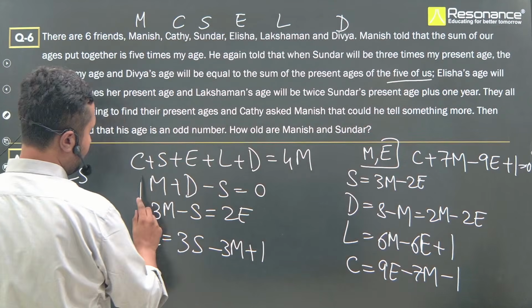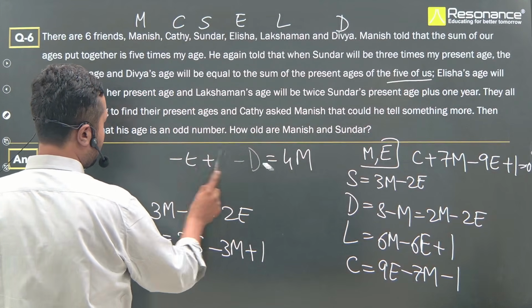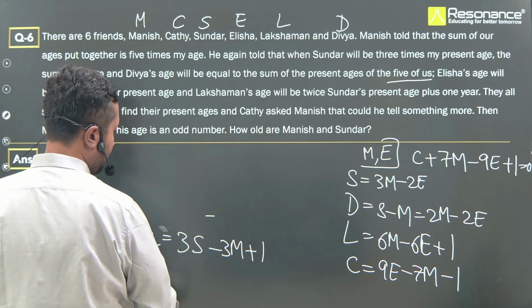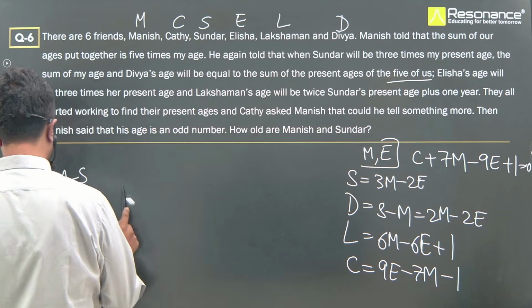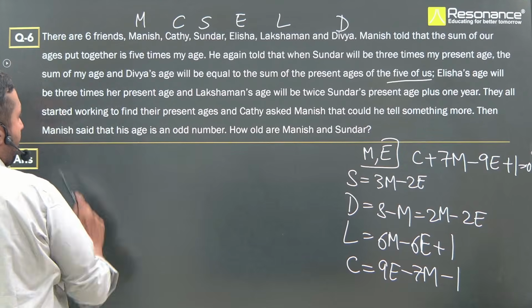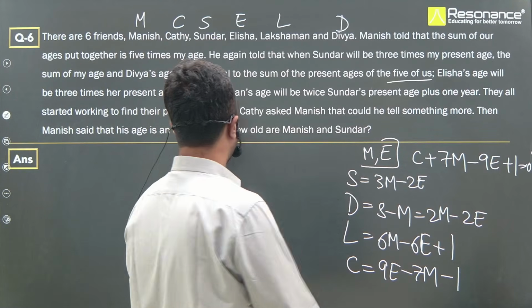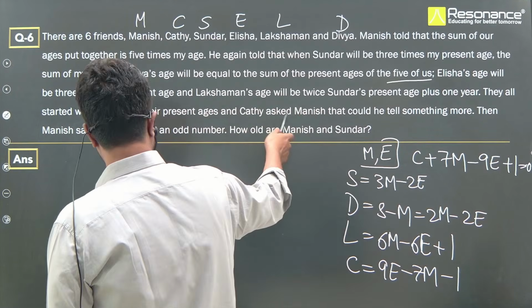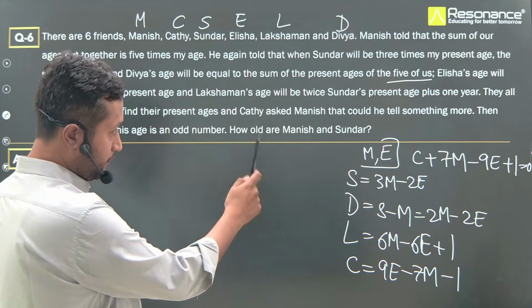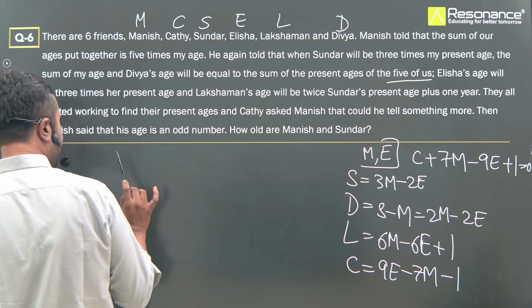Now we can also get rid of these equations, because we've really solved the system in terms of M and E. So I guess Kathy was right. She said that Manish needs to tell something more, because that's not enough, right? But anyway, we can try a bit harder.